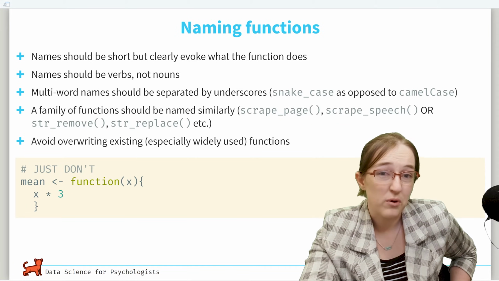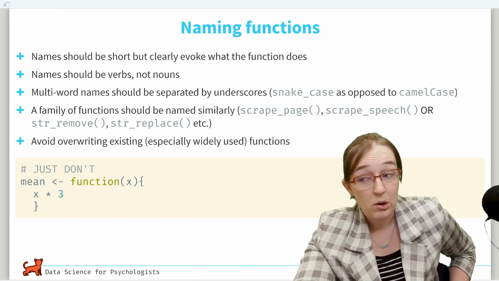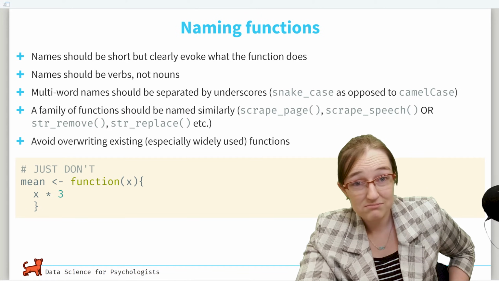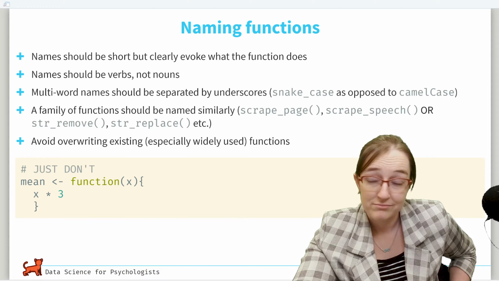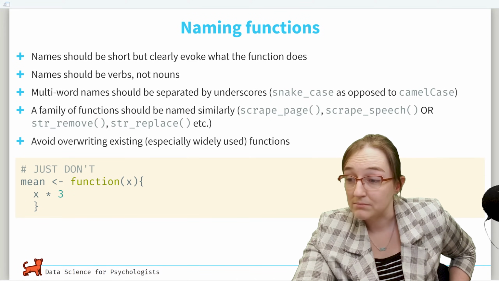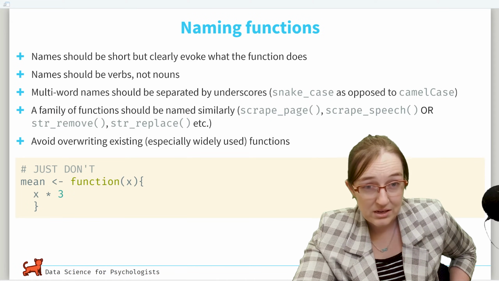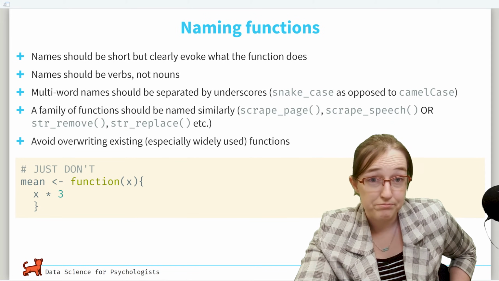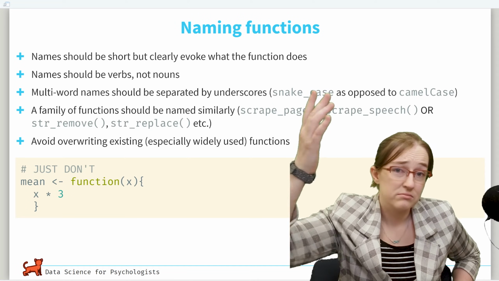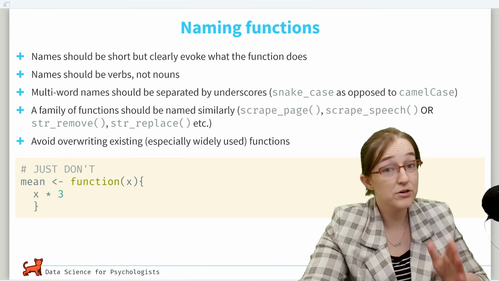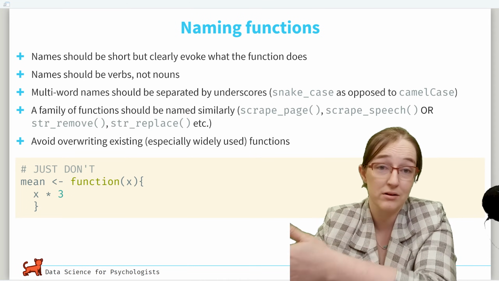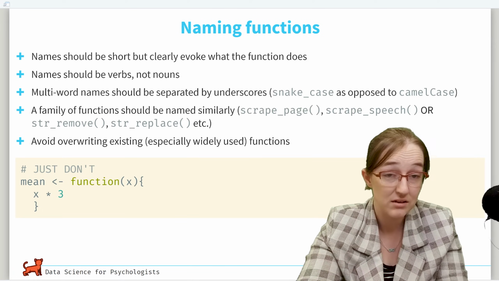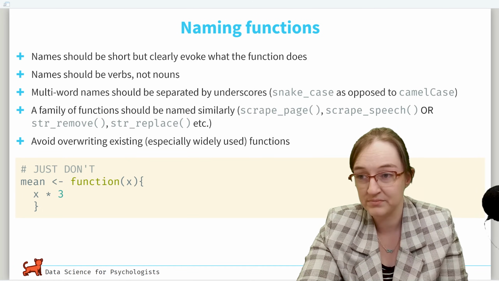So some people will overwrite it with their own function. So either name something else or be prepared for the wrath of the audience that will never use your function because it is unhelpful, because you've erased something that they would use.